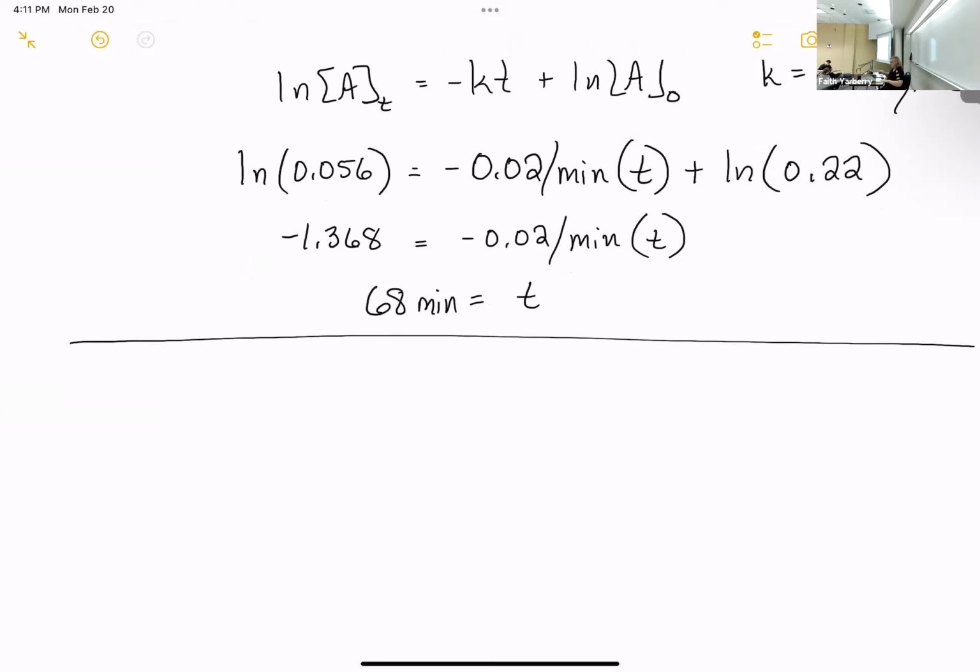Okay. So there is the reaction of ethanol breaking down to form an aldehyde plus hydrogen.